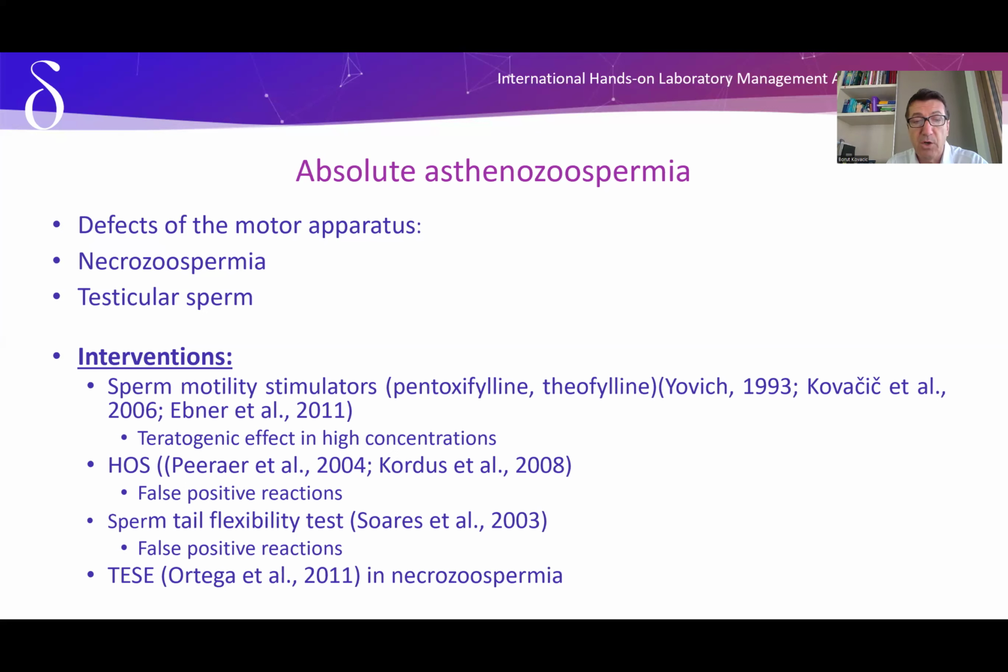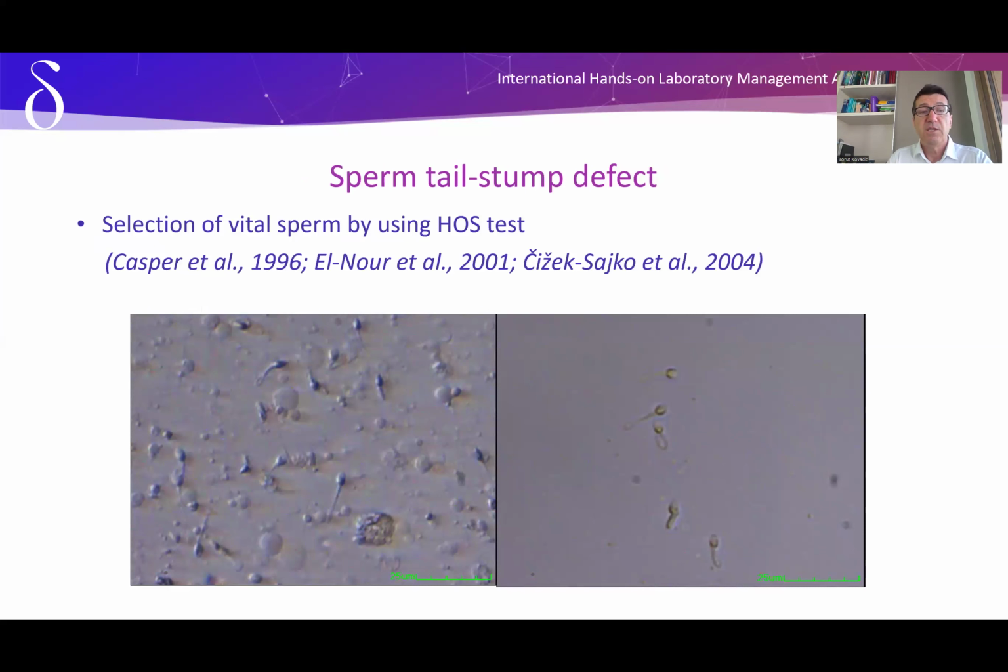If this is a phenomenon found in the ejaculate, then they recommend using testicular sperm in cases of necrozoospermia. Sperm tail stump defect is a phenomenon where the sperm tail is not developed well. It is very short and thick.